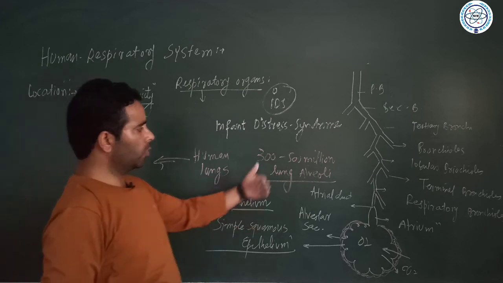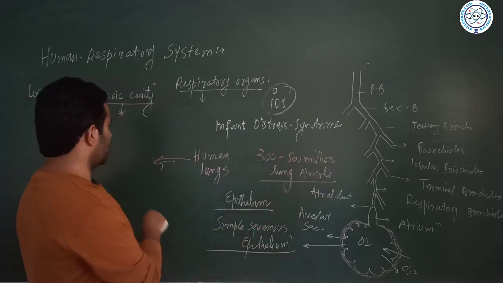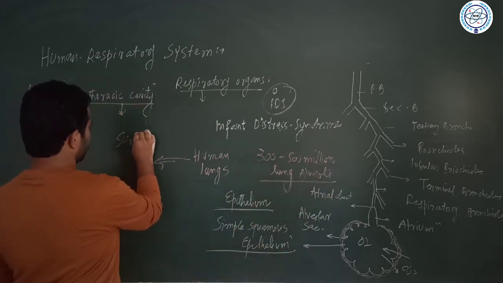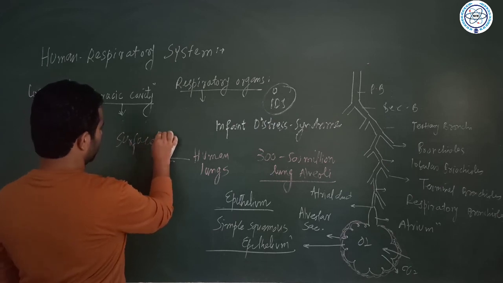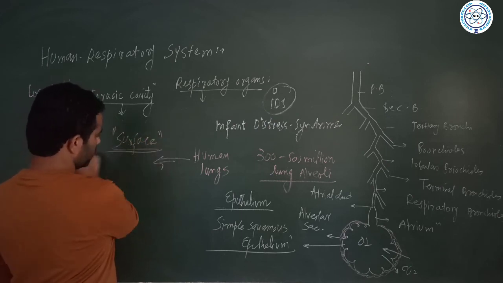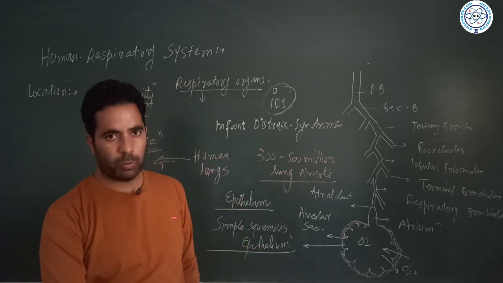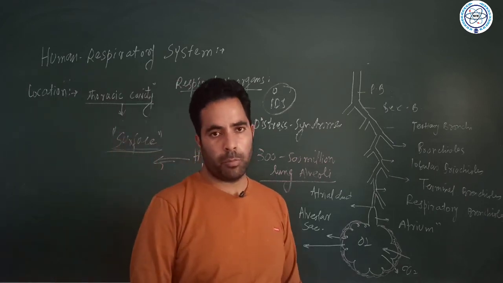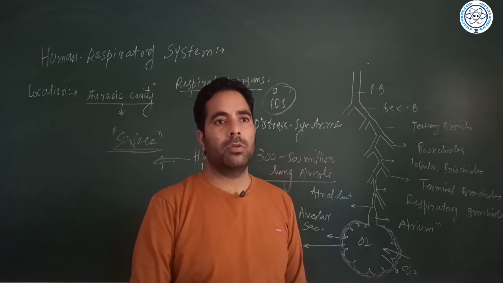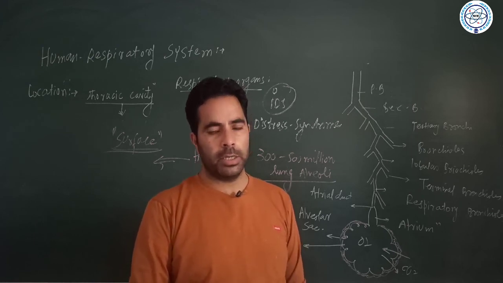These 300 to 500 million lung alveoli have provided a lot of surface area. Surface area for what? Surface area for the adequate exchange of gases, that's oxygen and carbon dioxide, which is very, very vital, which is very, very important for the survival of the individual, right?